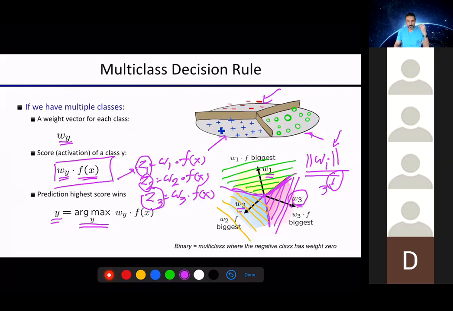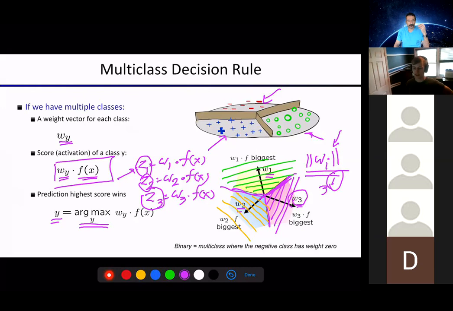Just a question, a clarification, just to be clear that I understand this method. So this is effectively just several binary classifiers, right?